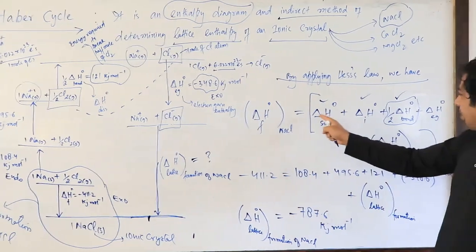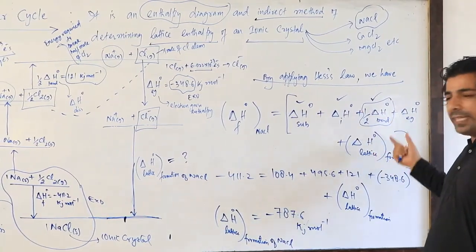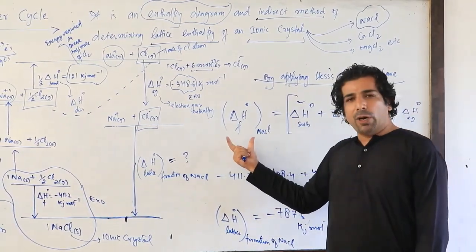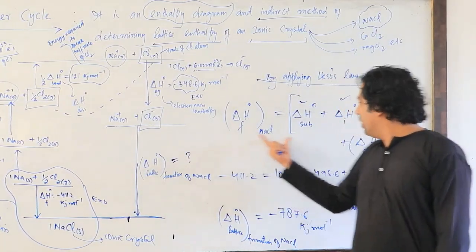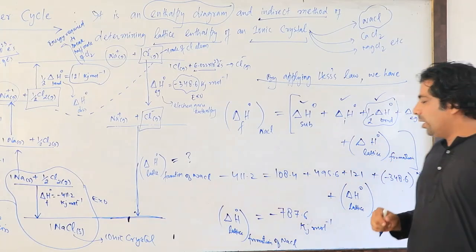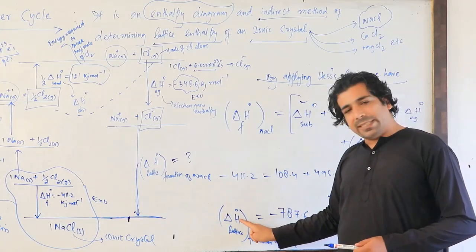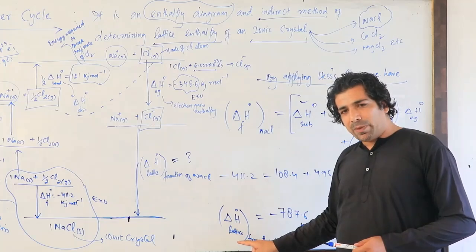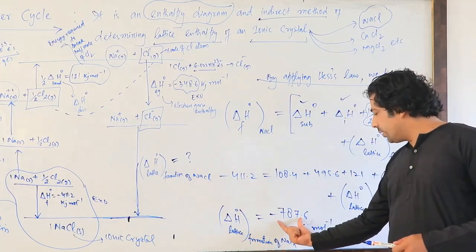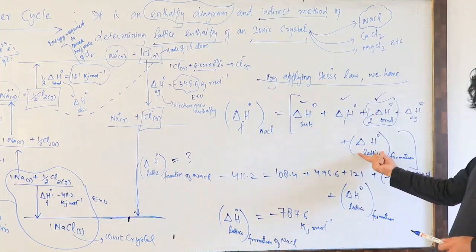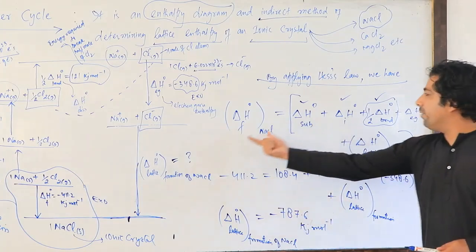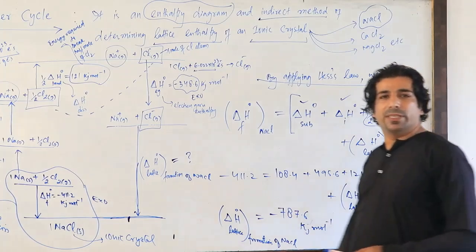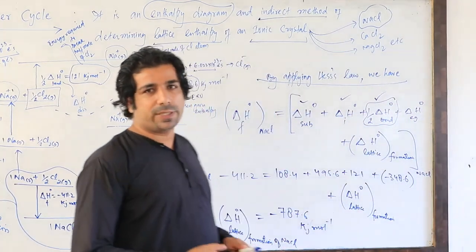So what will be the sum of these enthalpies? That should be equal to the enthalpy change in one step for the formation of NaCl. So this term and these terms will be equal. Once you got the value of standard lattice enthalpy, you can put this value here at this point. Take this value, put it here, and they will be equal, my dear friends. Please remember this. Take a note of this.